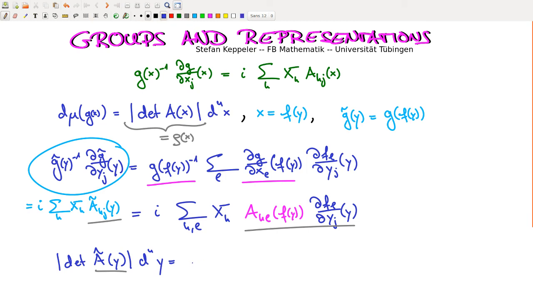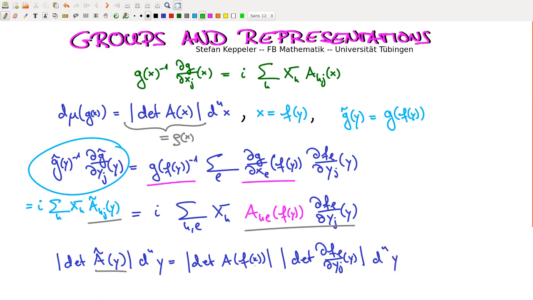And that's now the determinant of a f of y times the determinant dfl dyj at y. So this is really the Jacobian which we expected, and we have dny here.